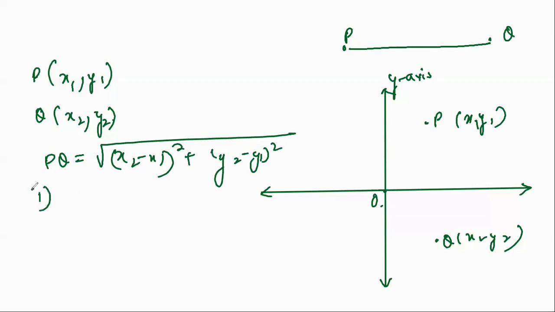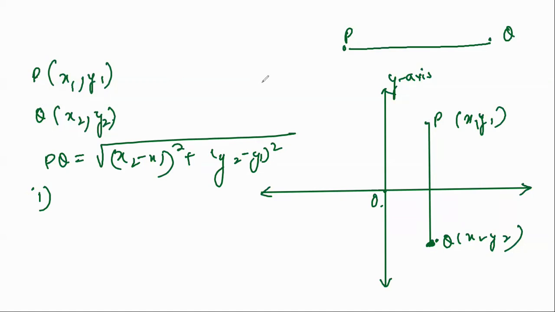What is the first case? That line PQ is parallel to the y-axis. So when you join these two points, you get a straight line like this. Let's assume that it covers the first and the fourth quadrant.